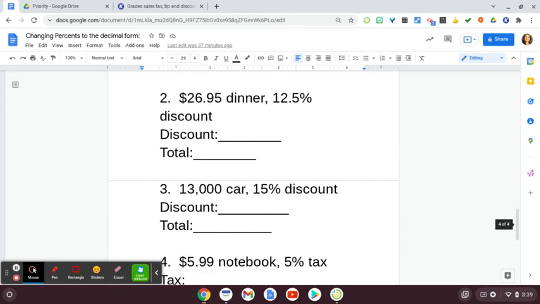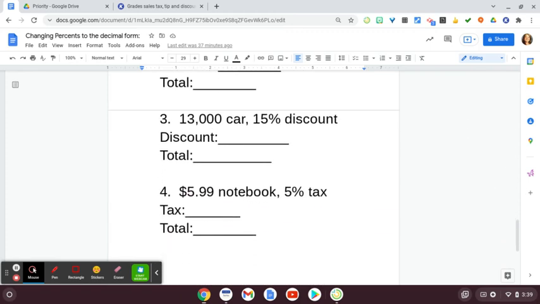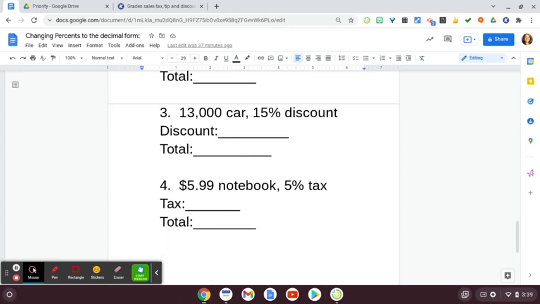So the last 2 problems here, number 3 gave a lot of problems, literally, to a lot of students today. So here's the first thing. If you're buying something that is $13,000, in your calculator, you do not have a comma. So today, most students put in 13.000. That means that you just bought a car for $13. Please don't do that. 13,000, when you plug it into your calculator, is 13000.